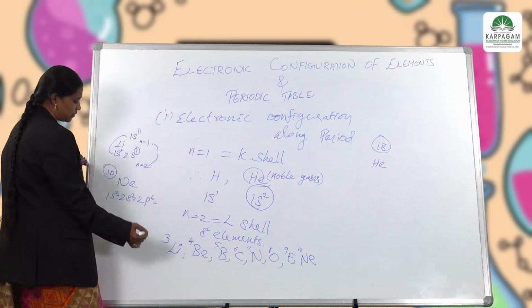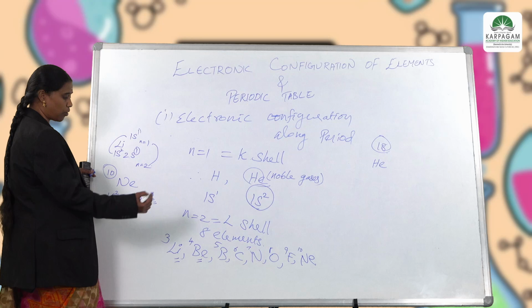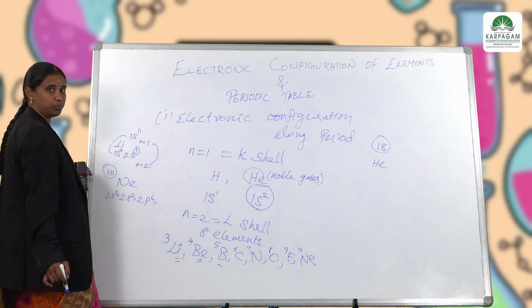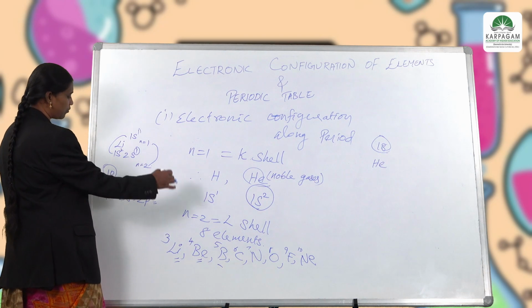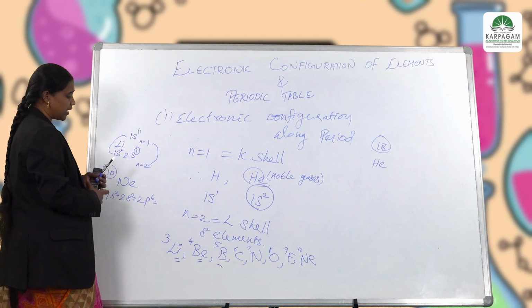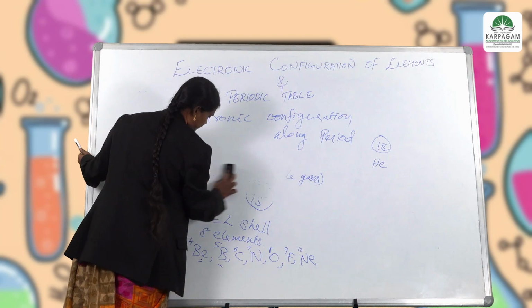Lithium and beryllium belong to the s block elements, and the other 6 elements belong to the p block elements, according to the filling of electrons in the suborbitals. Likewise n3 also has 8 elements.